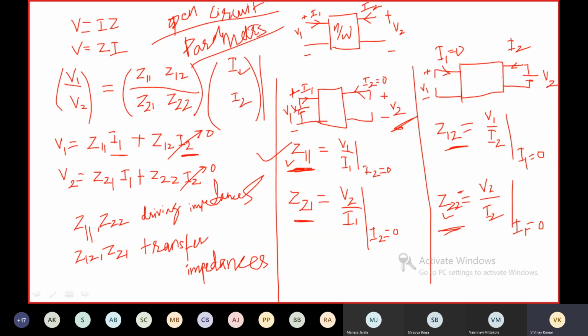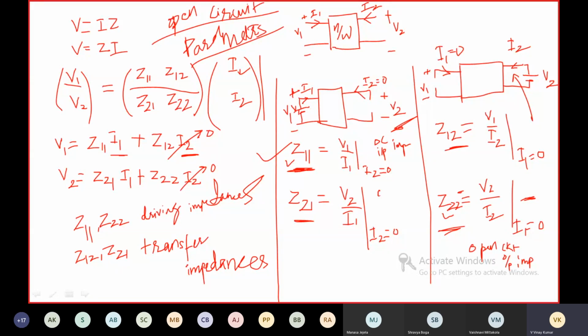You're going to find the impedance at port 2. That's why it is called output. That's why Z22 is called open circuit output impedance. Z11 is called open circuit input impedance. Z22 is called open circuit output impedance.